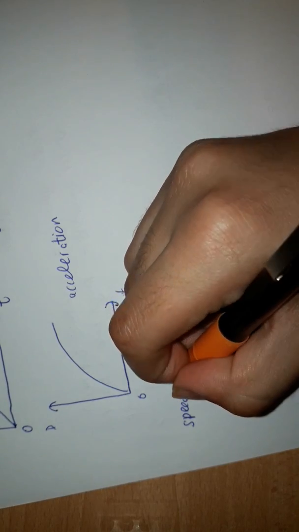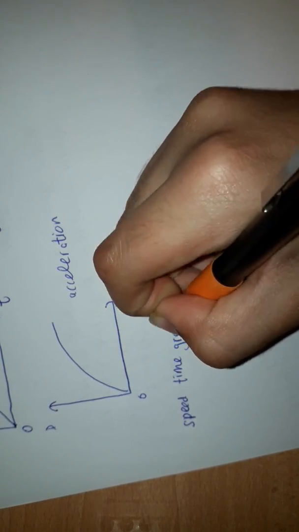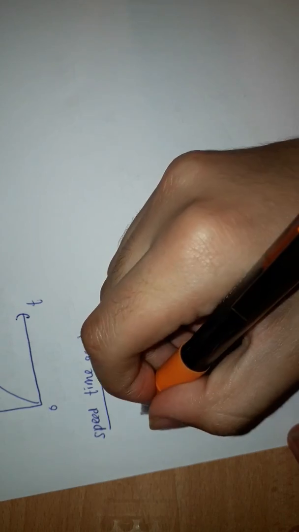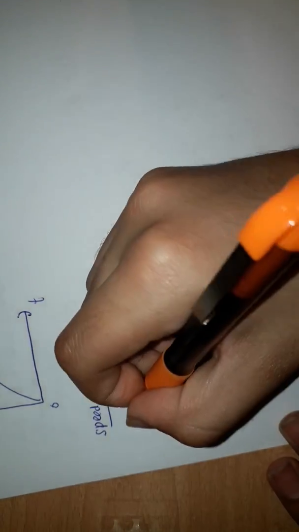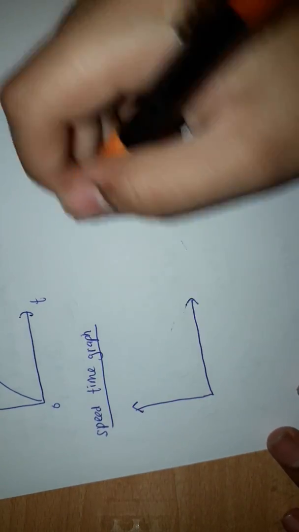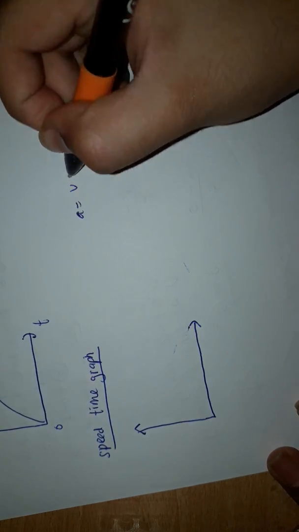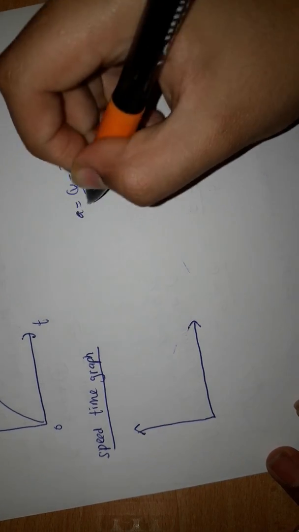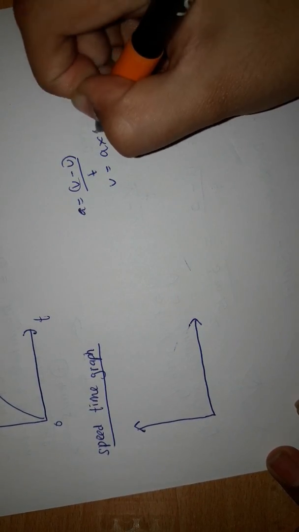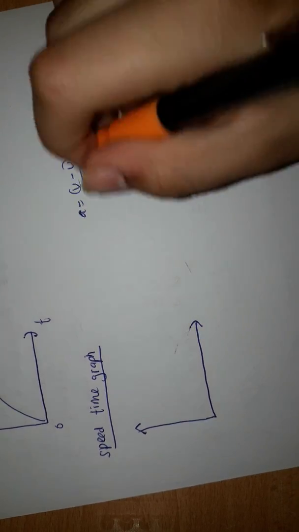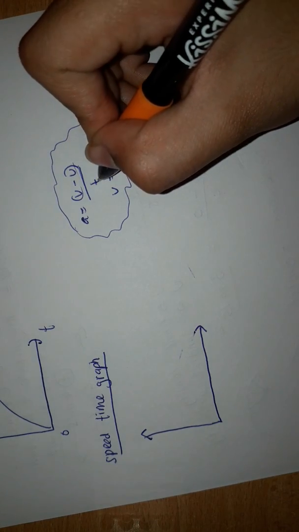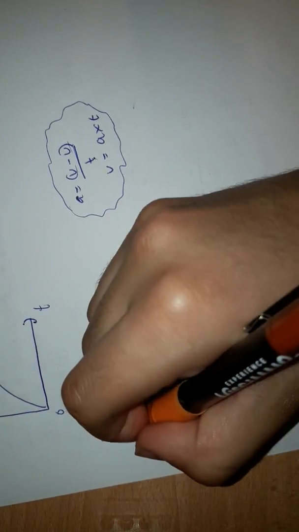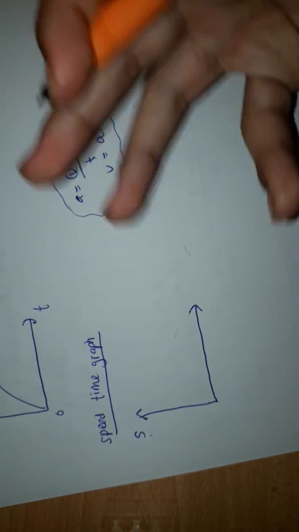Now let's come to speed time graphs. In a speed time graph, what you need to keep in mind is that if I write acceleration as v minus u by t, which is just velocity by time, your velocity would be acceleration into time. Again, that's a recap. But acceleration is velocity by time, correct? And speed and velocity are approximately the same thing.